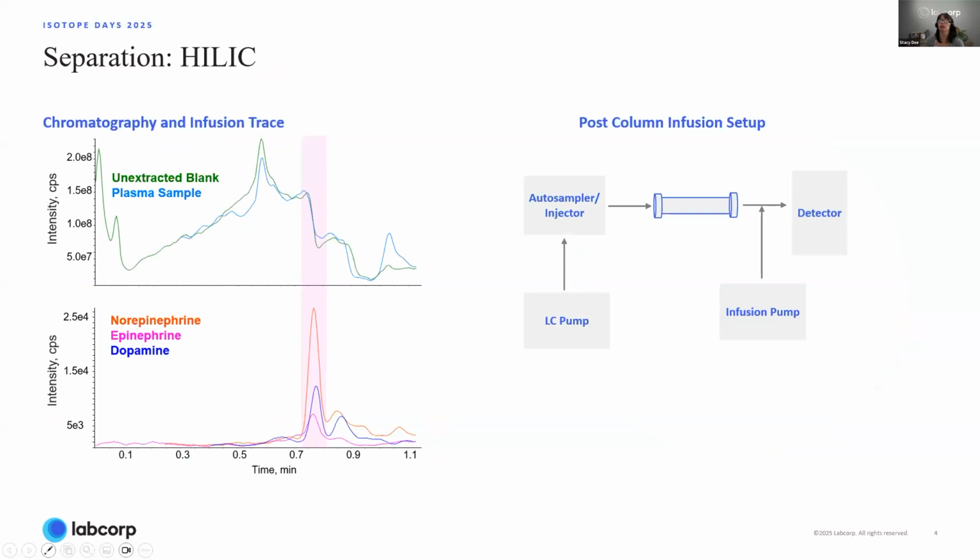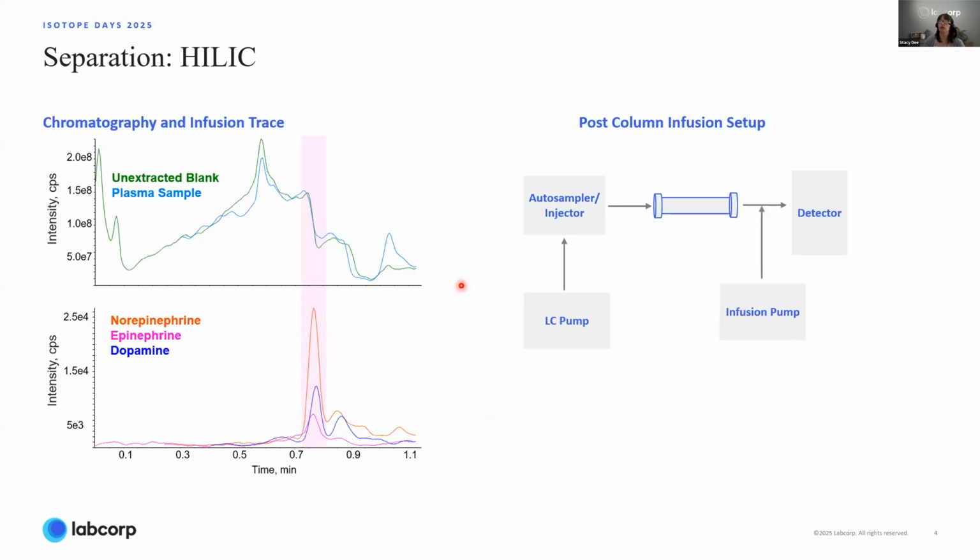So the first thing we did was we looked at separation. Here you see a HILIC separation. On the bottom, you'll see a chromatogram showing that all three analytes co-elute. They also don't have very much response. So that was one thing that concerned us. We did a post-column infusion. The setup is here on the right. And we just teed in a constant flow of analyte into the stream that comes out of the column.